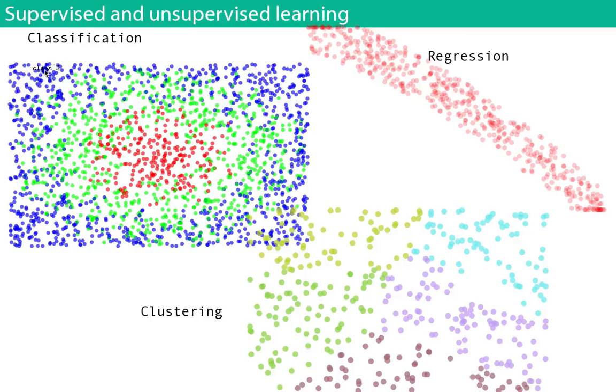So, for example, let's say you want to build a program which learns to predict the weather. You measure the temperature and the humidity and atmospheric pressure and all these other climate details, and then you want your program to predict how much it's going to rain today.